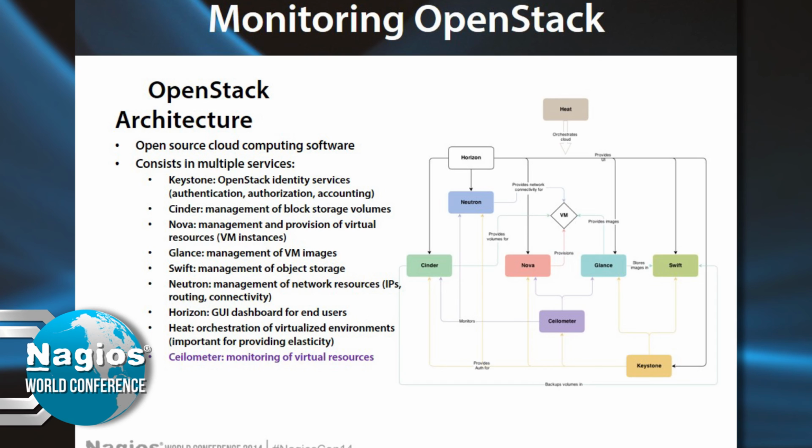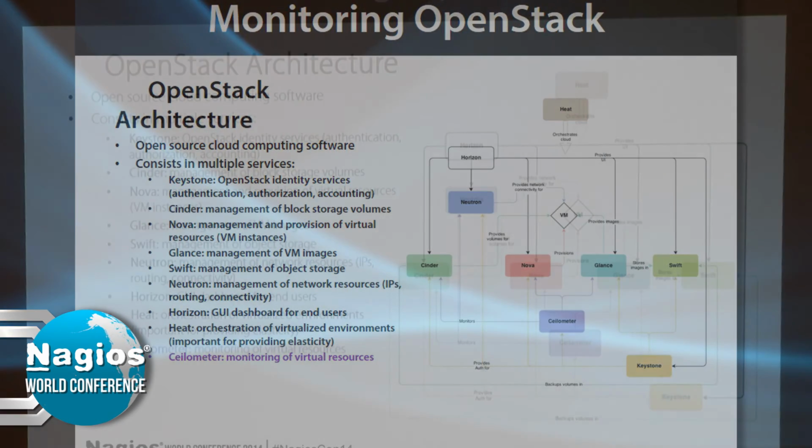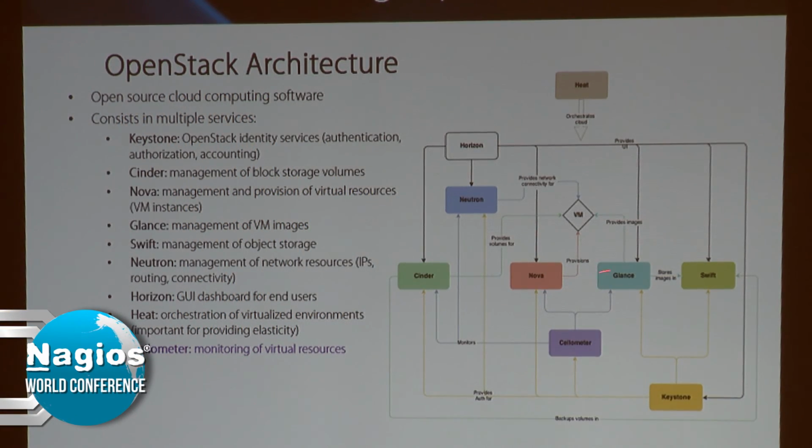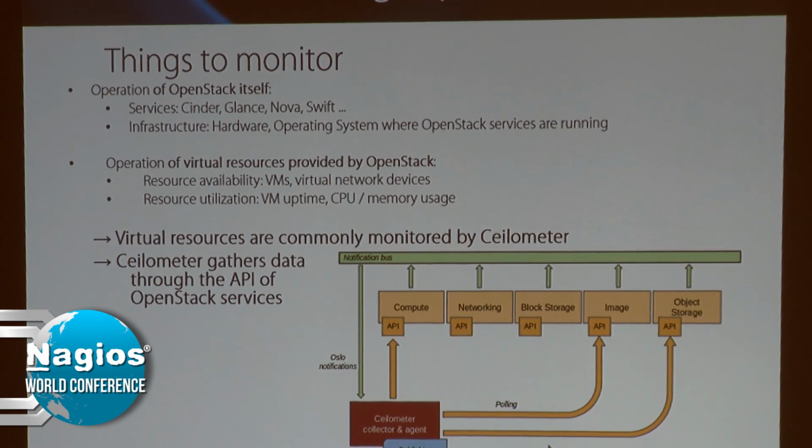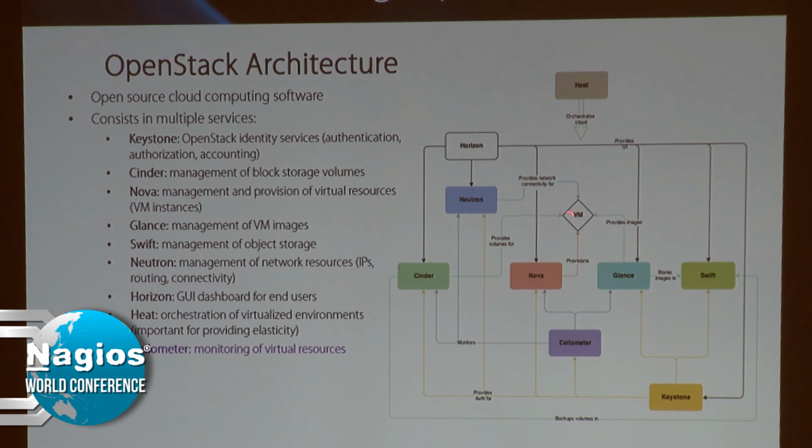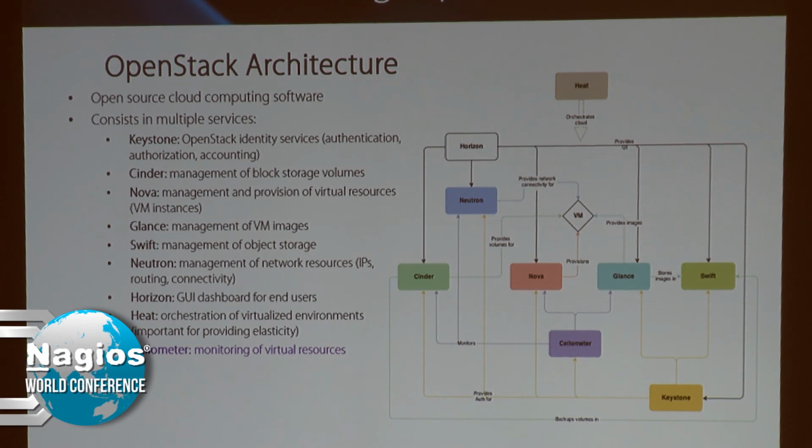The most important components of Openstack are the Keystone authentication service, the Glance image service that provides an image. You can think of an image like a template for the virtual machine you want to provide. And the main component of Openstack is the Nova service. This is the component which is responsible for the management and the provisioning of these VM instances.